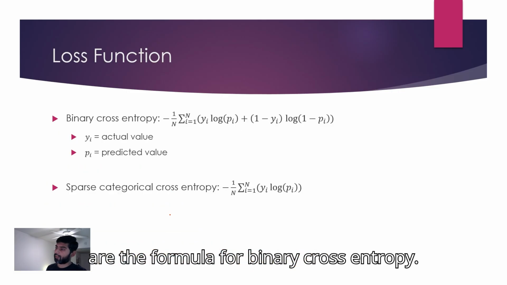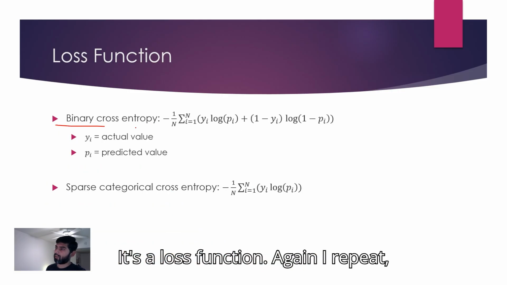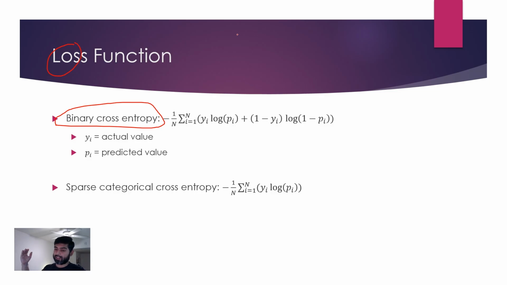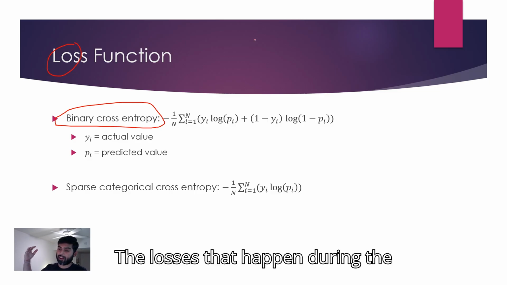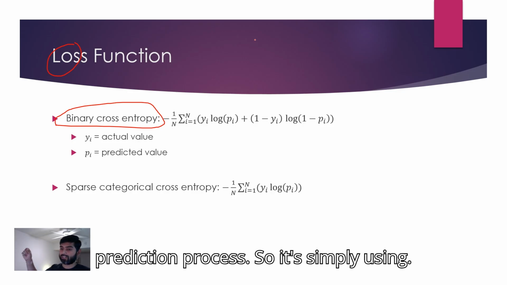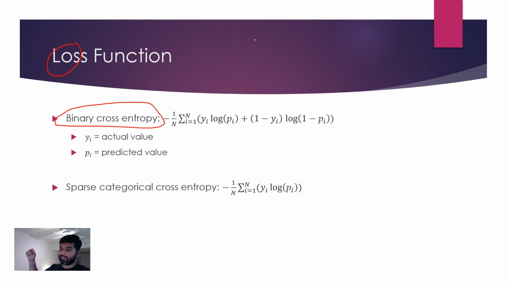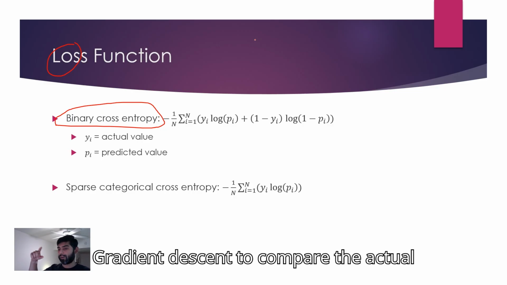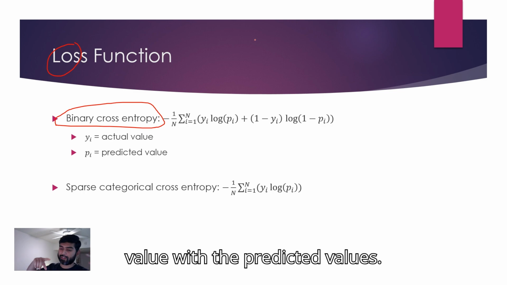These are the formulae for binary cross entropy. Again, I repeat, a loss function is simply calculating the losses that happen during the prediction process. So it's simply using gradient descent to compare the actual value with the predicted values.